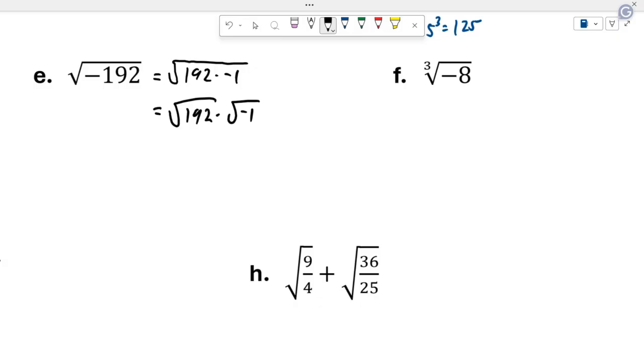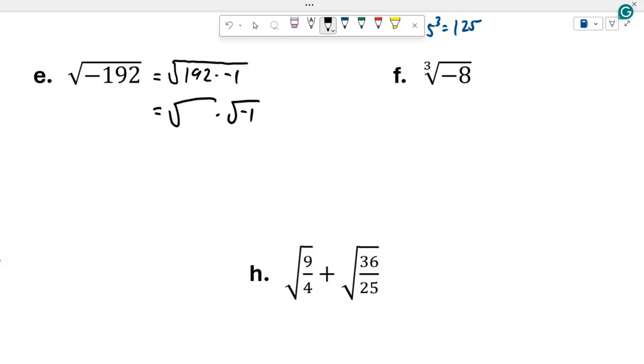So for E, we've got the square root of 192. I want to ask myself, all right, what is the largest square number that goes evenly into 192?